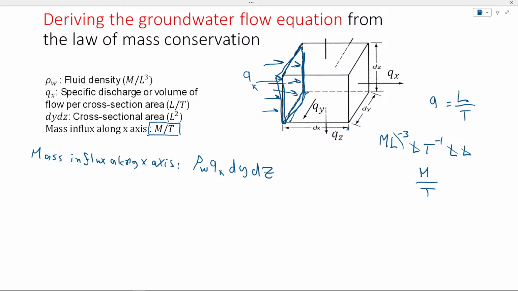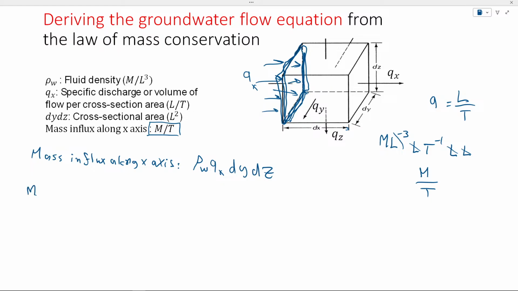This is the mass influx going across this boundary of my volume. This is my volume, and this is the flux across this volume. So that is the mass influx.